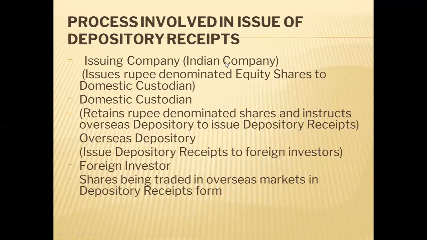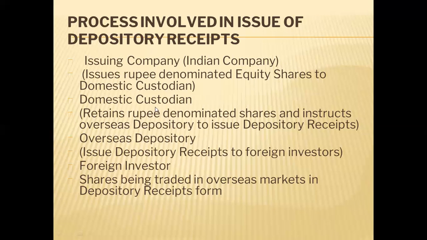So in GDR and ADR, what is the process? The Indian company will deposit shares with the custodian in India. This custodian will inform the depository located in the particular country, and that depository will issue the GDR or ADR. In an IDR, how will it function? The foreign company will deposit a number of shares with its custodian in its own country.